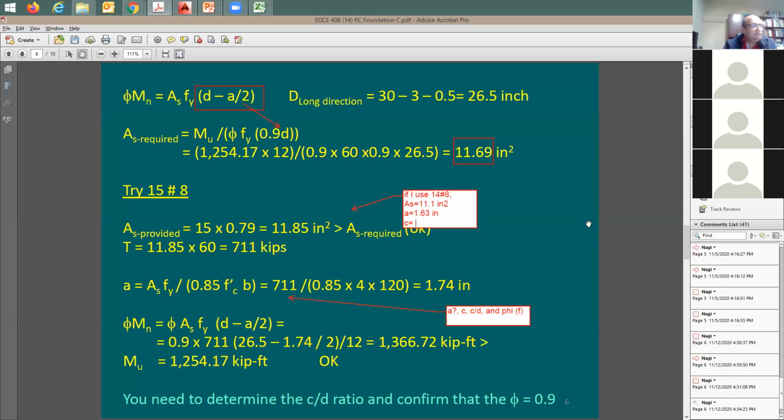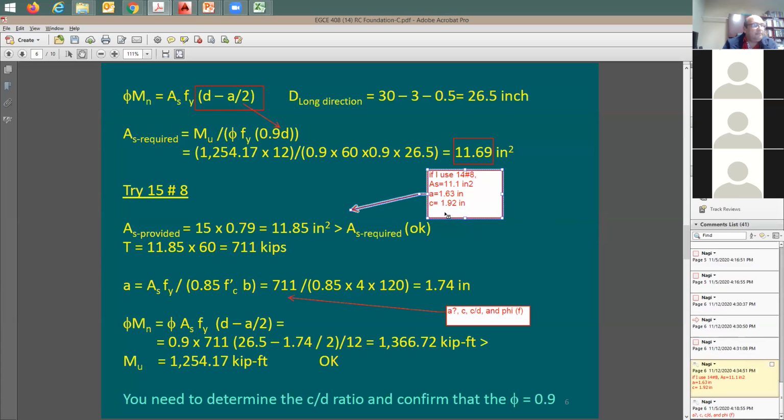Which is 1.92 inches. Okay. How about the C over D ratio? D in this case is 26.5. So the ratio is 0.0732. 0.732.